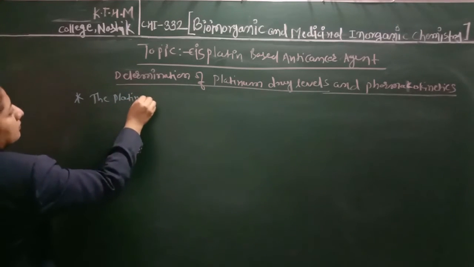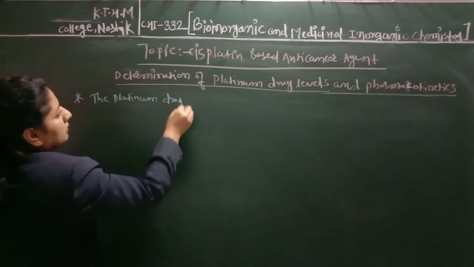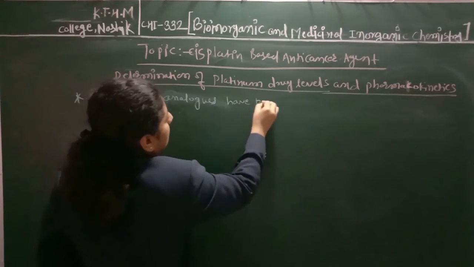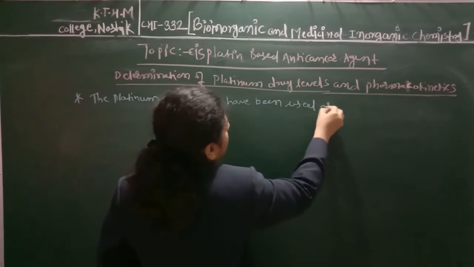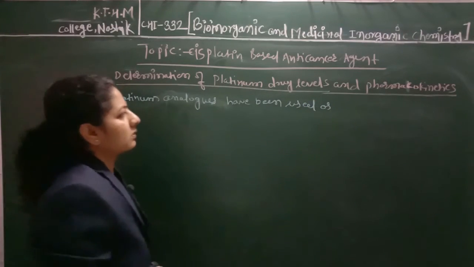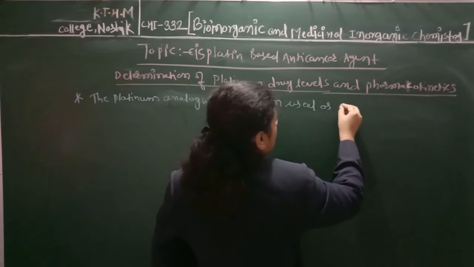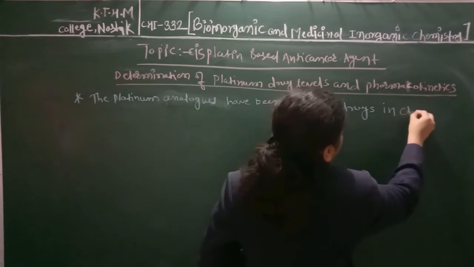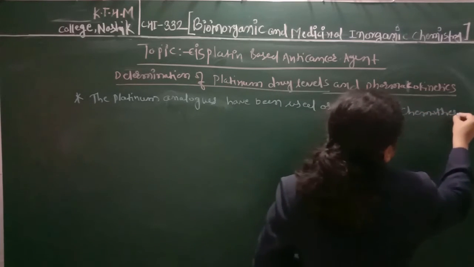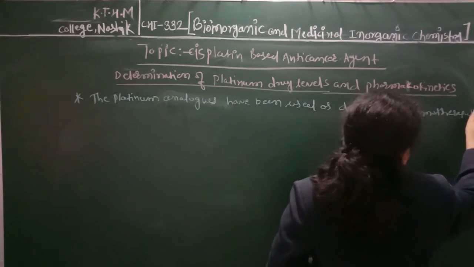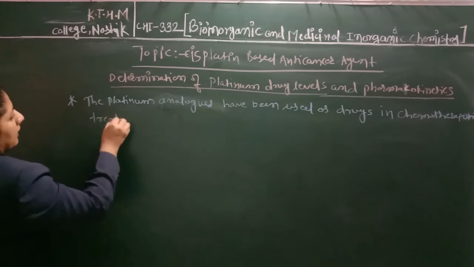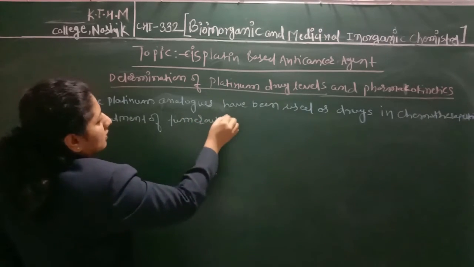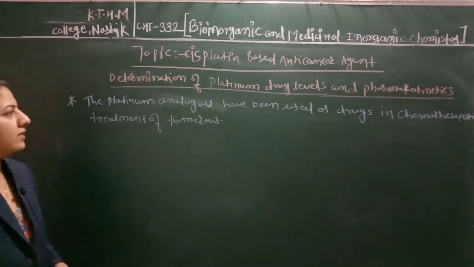Platinum drug analogs have been used as drugs in chemotherapy for tumors. So, how can they affect the target cell?